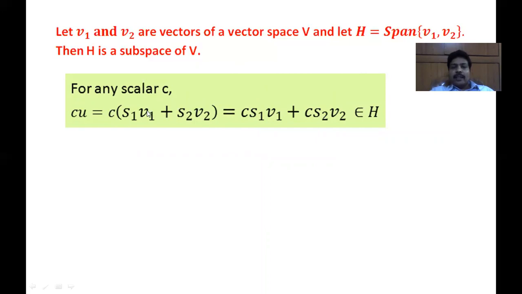We have the ninth property, distribution of scalars. Using all those properties, we can write this as CS1 V1 plus CS2 V2. Here CS1 is another scalar. Let us call it C1, and this is my C2. So it is again in the form of C1 V1 plus C2 V2. So it is a linear combination of V1 and V2. So it is in the span of V1, V2. Span of V1, V2 is nothing but H. So this belongs to H. CU belongs to H.